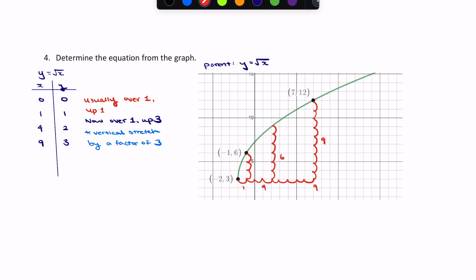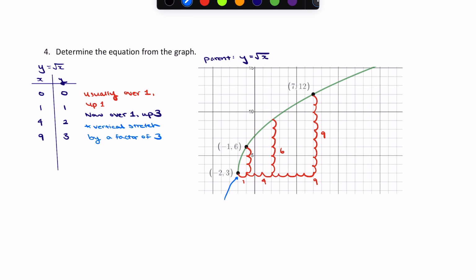The easiest way to see if there's any translations is to look at the point where this radical function would originally start, which is at the origin. Originally it starts at 0, 0. Okay, now it's at -2 and 3.